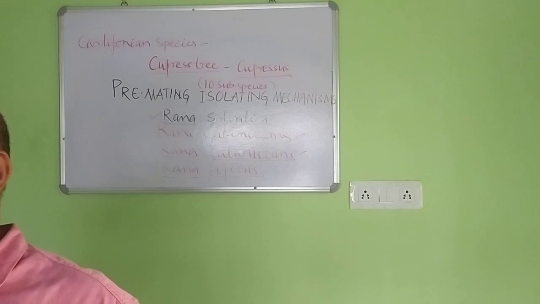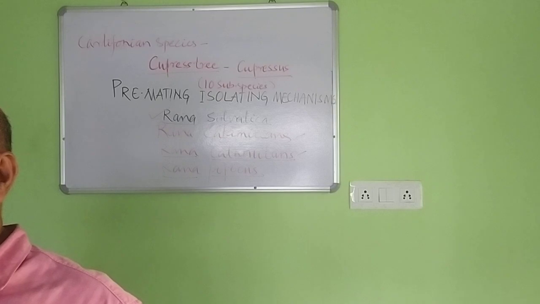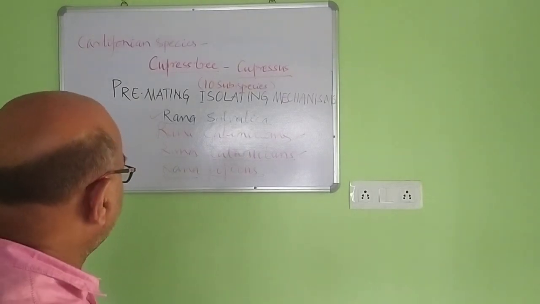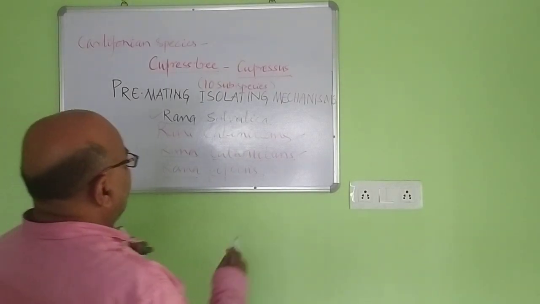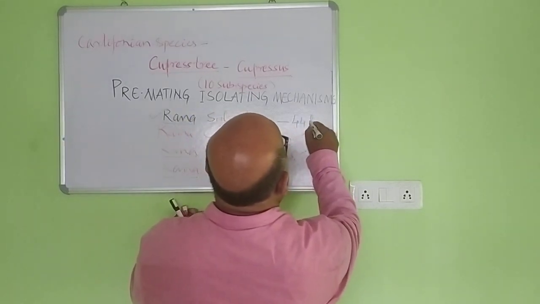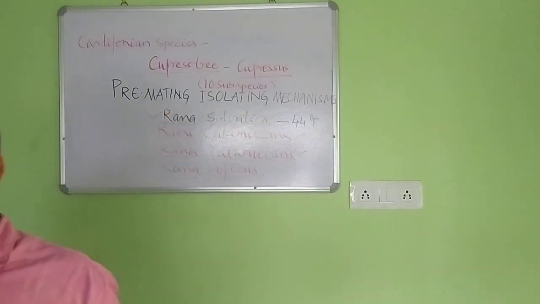The water temperature is the controlling factor for breeding in each species. For example, Rana sylvatica breeds at a water temperature of about 44 degrees Fahrenheit.